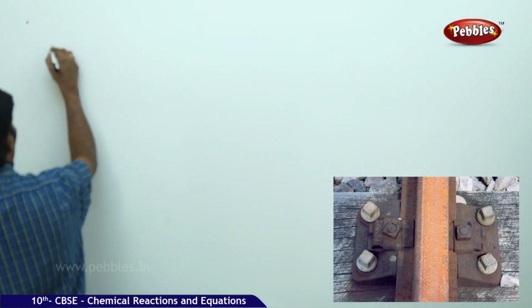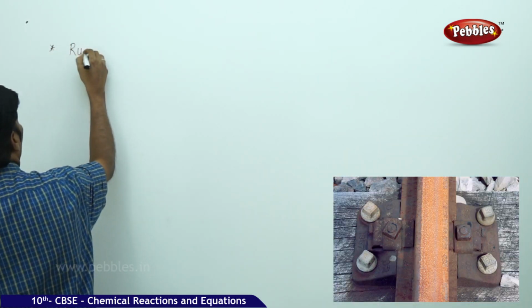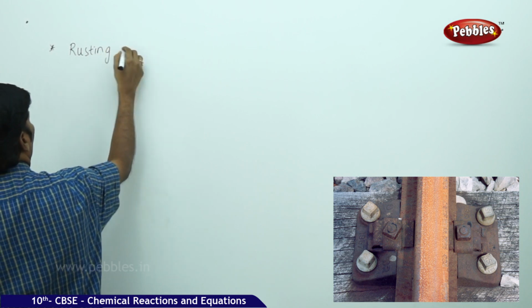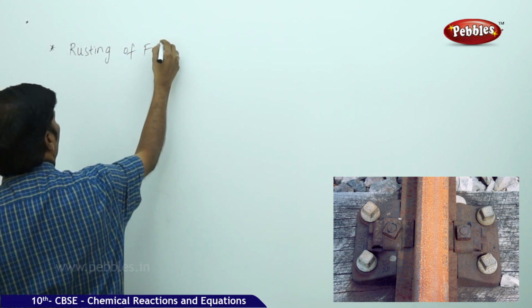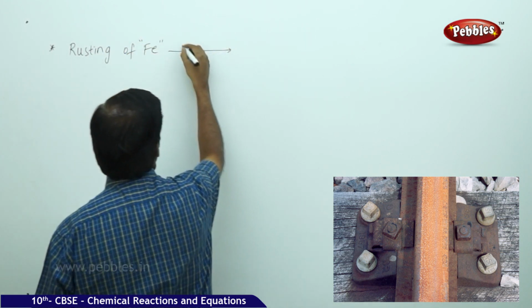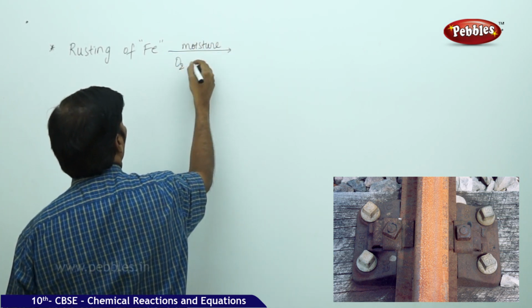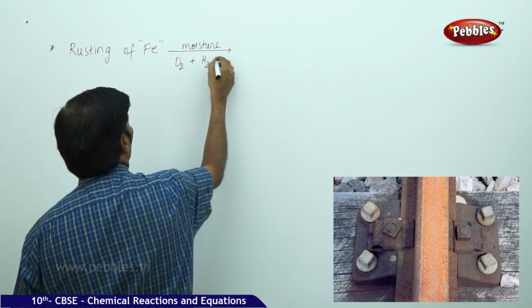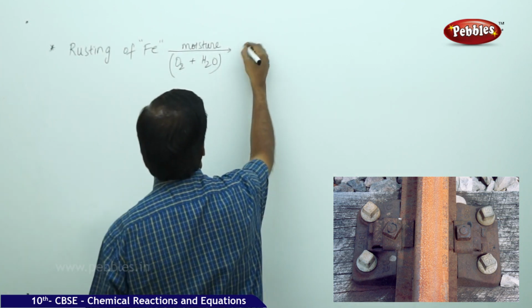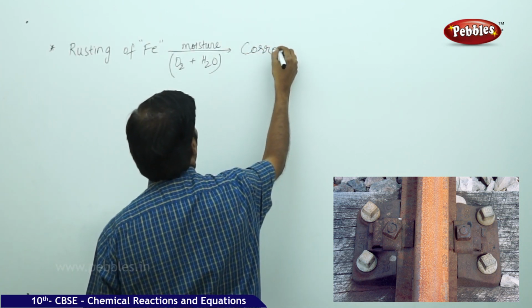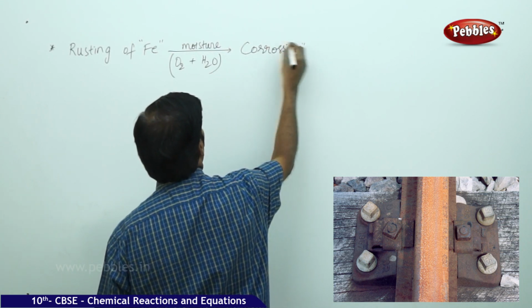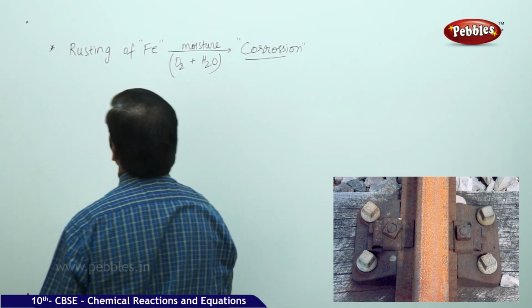Here, rusting of iron in the presence of moisture, that is O2 plus H2O, we call it corrosion. Rusting of iron is corrosion.